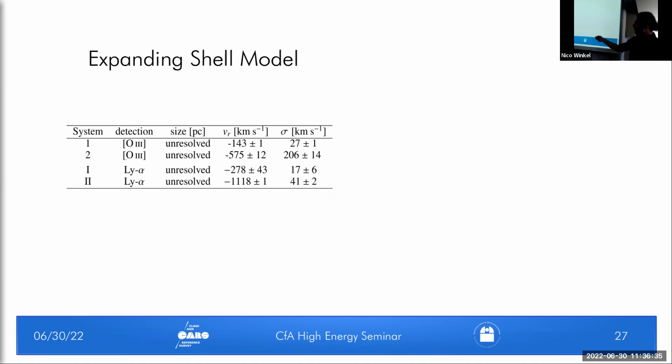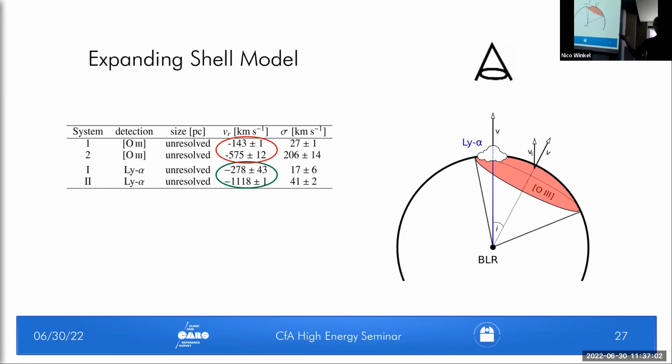And if you compare the velocities amongst the Lyman alpha absorbers and the O3 emitters, respectively, they are about the same. So this coincidental measurement led us to the idea that maybe the structures that we probe with this are related with each other. And maybe you can explain the velocity difference with a geometric model.